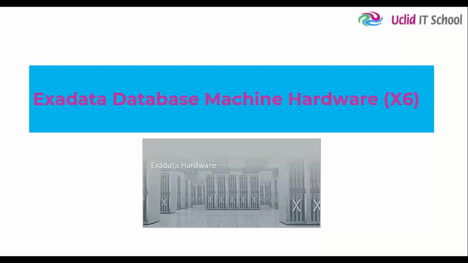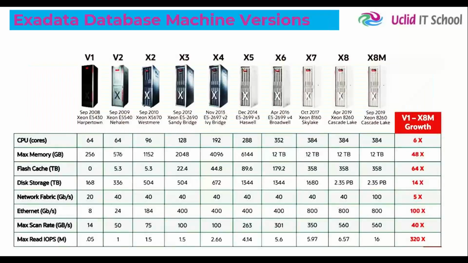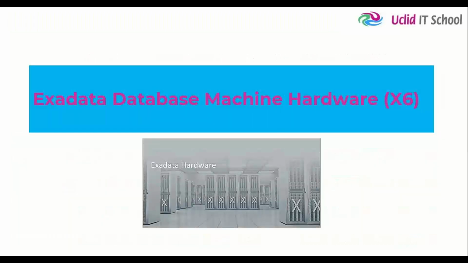You might want to understand the hardware of the X6 version, X7 version, X8 version, X8M version, or V1, V2, X2. So whenever hardware details come into the picture, you need to ask which version. On this slide and in the subsequent slides, I am going to discuss hardware details of the X6 version.